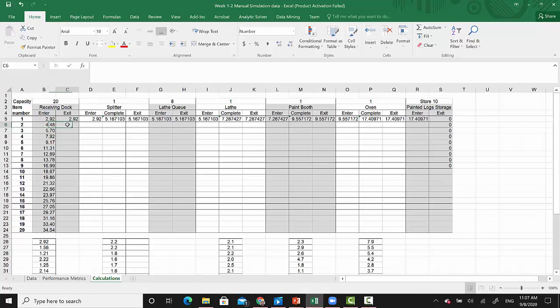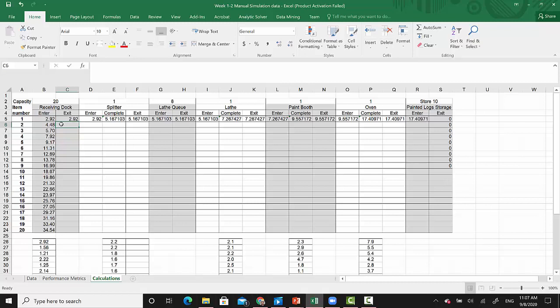So how do we put a formula here? This exiting time depends on the entering time. It cannot exit before it even enters into the receiving dock, and it also cannot enter unless the first item finishes at the splitter and exits.